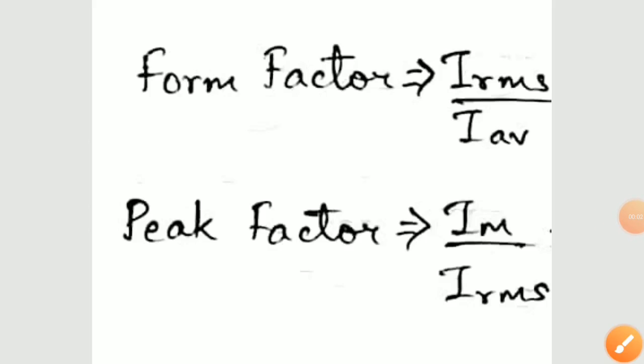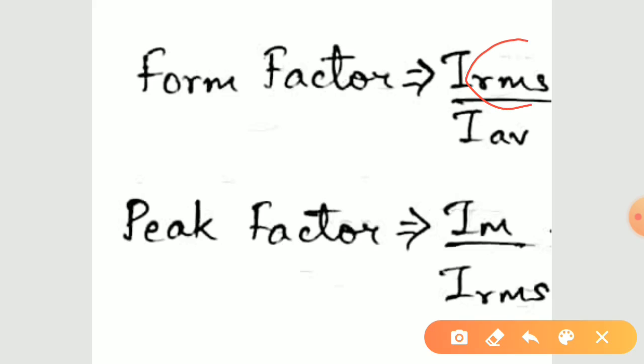Equation for form factor and peak factor is shown here. Form factor can be defined as the ratio of RMS value to average value of an alternating quantity.